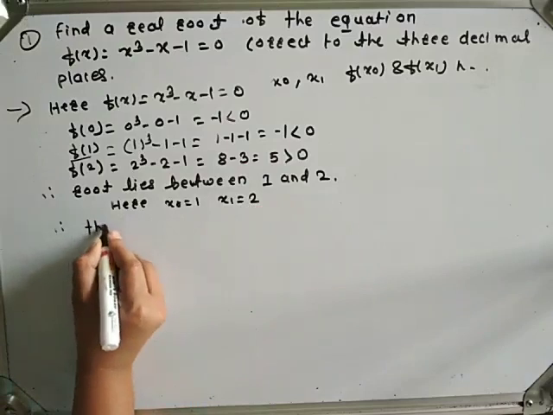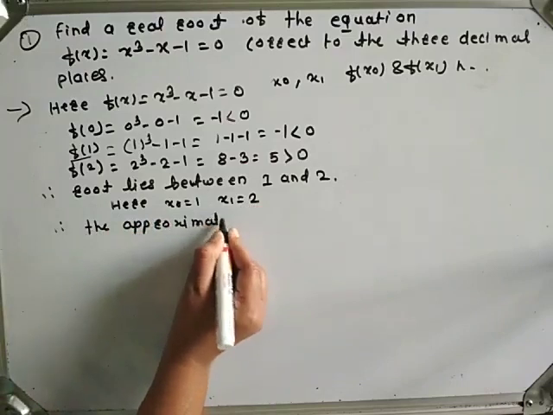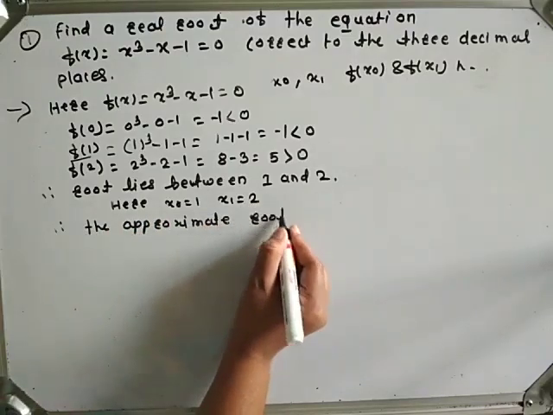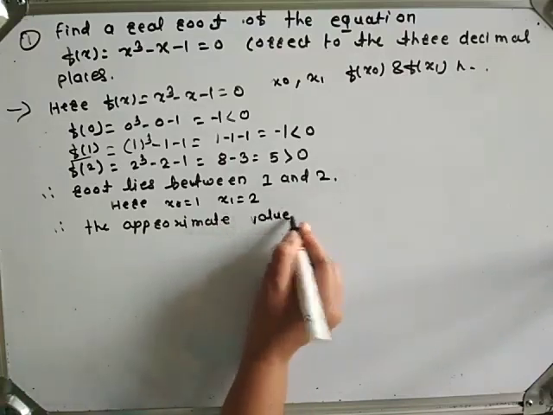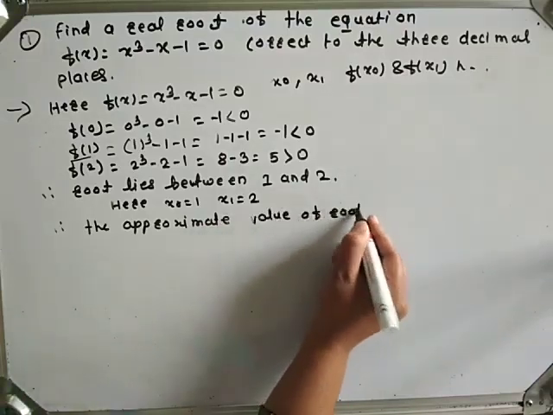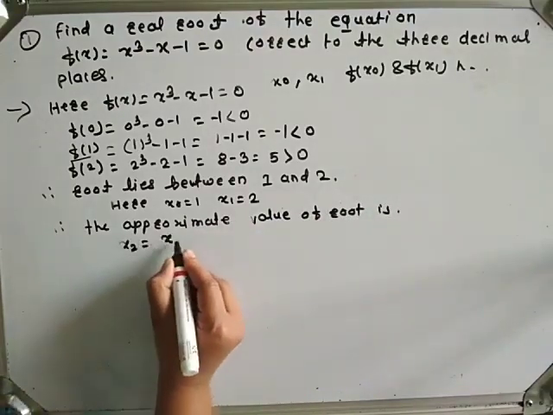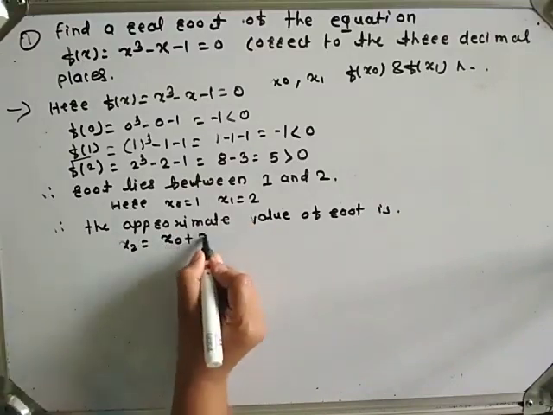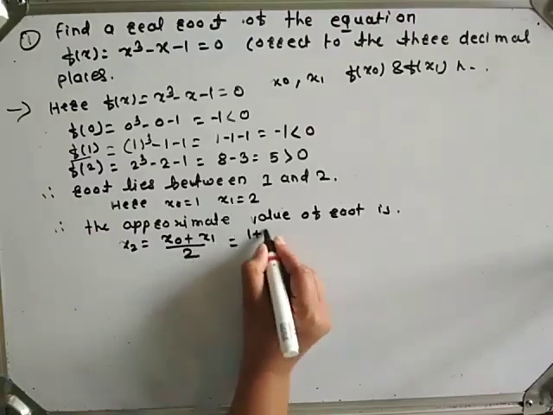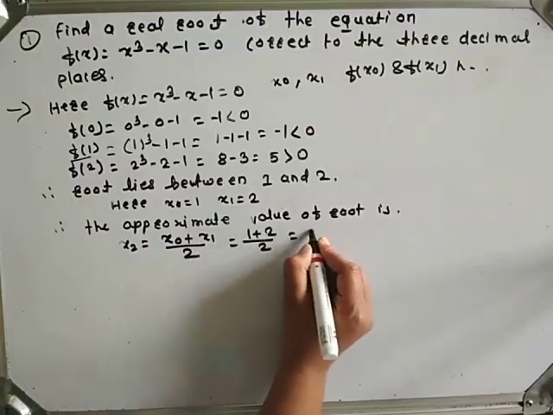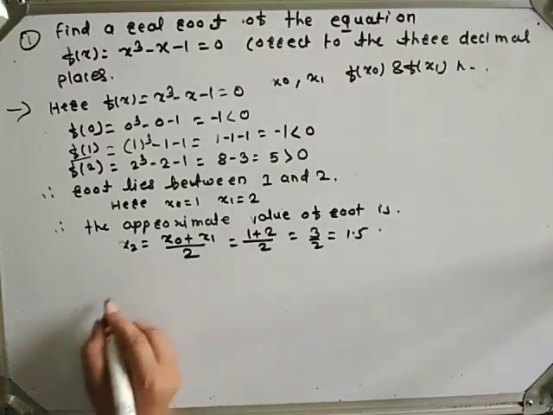Therefore, the approximate value of the root is x2 is equal to (x0 + x1) / 2, which is (1 + 2) / 2, which is equal to 3 by 2, which is equal to 1.5.